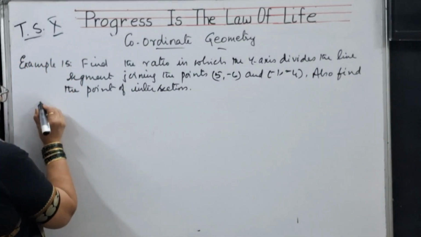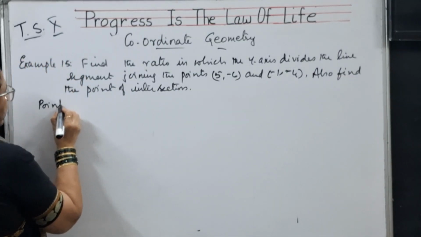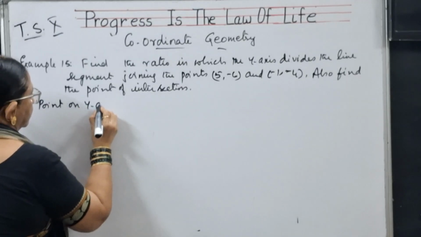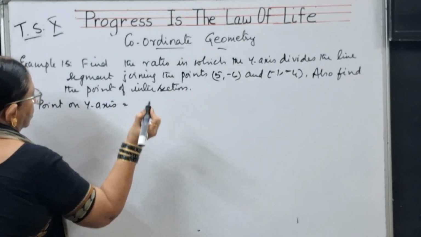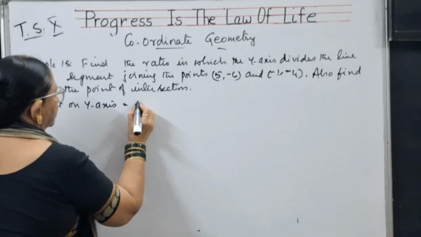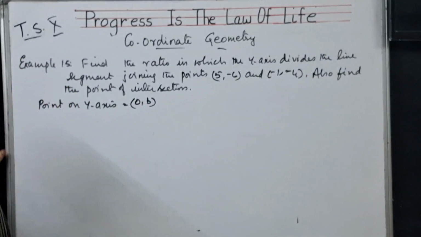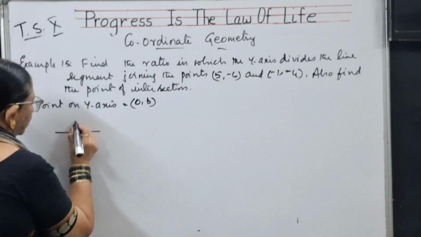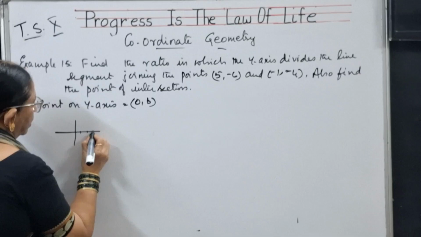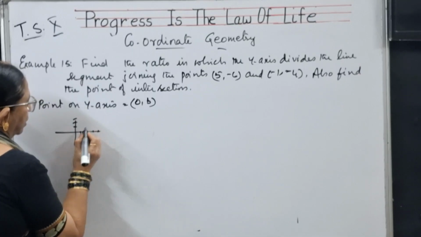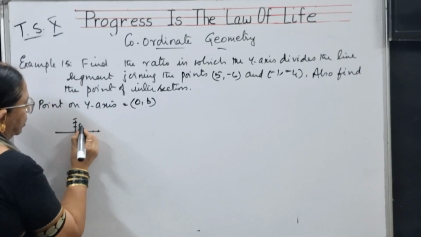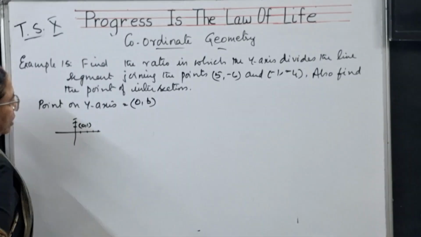How can you find out? We know that a point on the y-axis, how will you take a point on the y-axis? 0, b, general point. I have taught you earlier. 0, b is the point on the y-axis. If you have x coordinate and y coordinate, if you take any point here, suppose you want to name this point, 0, 1 you will write.